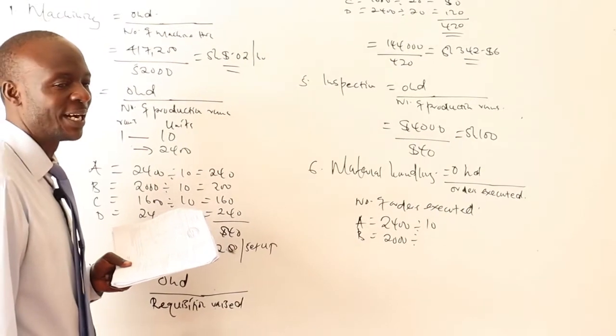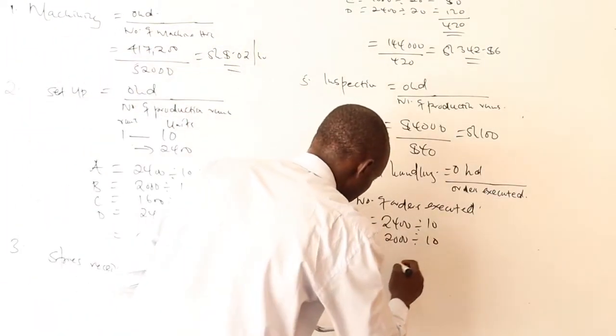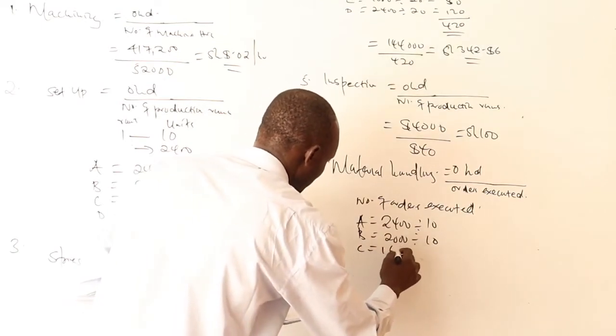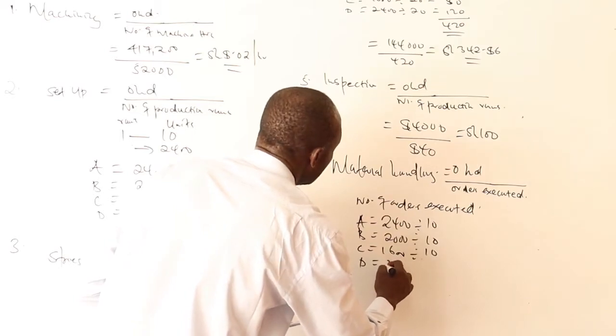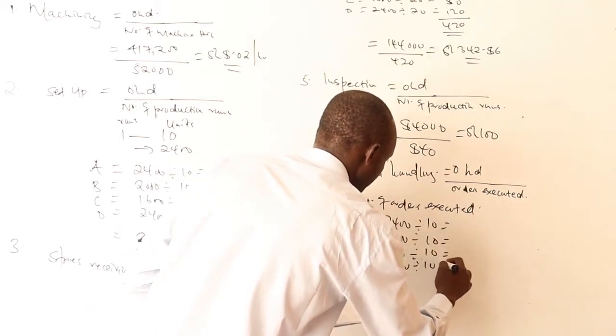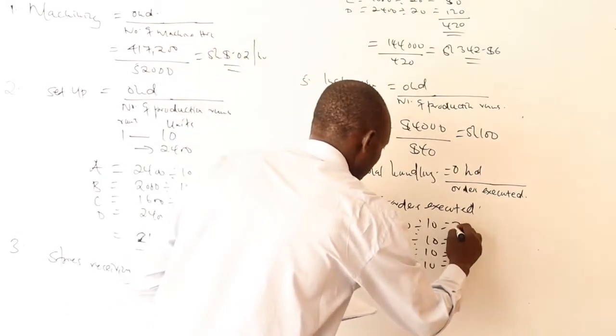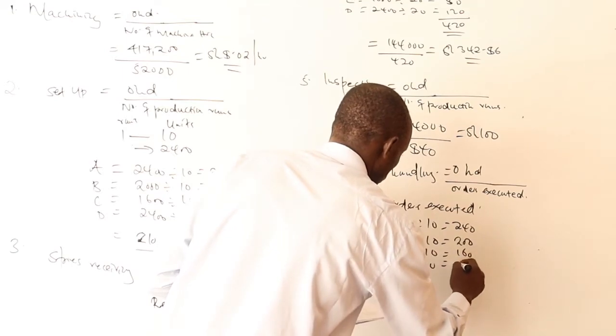Product C was 1,600 units, you divide by 10. And D is 2,400 units, you divide by 10. So this one will be 240, 200, 160, 240.